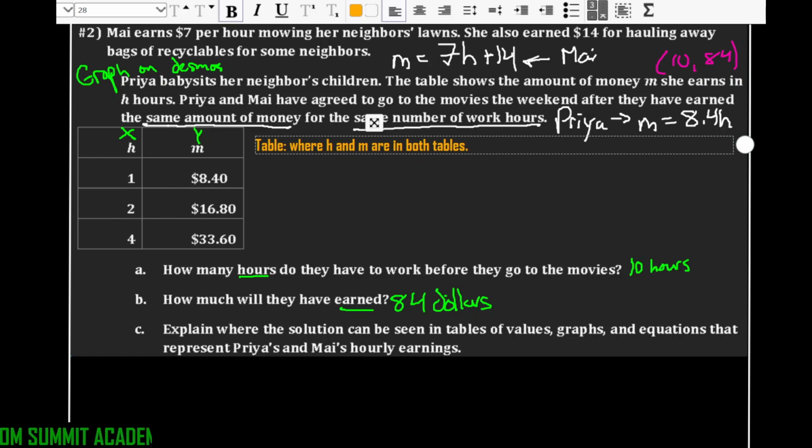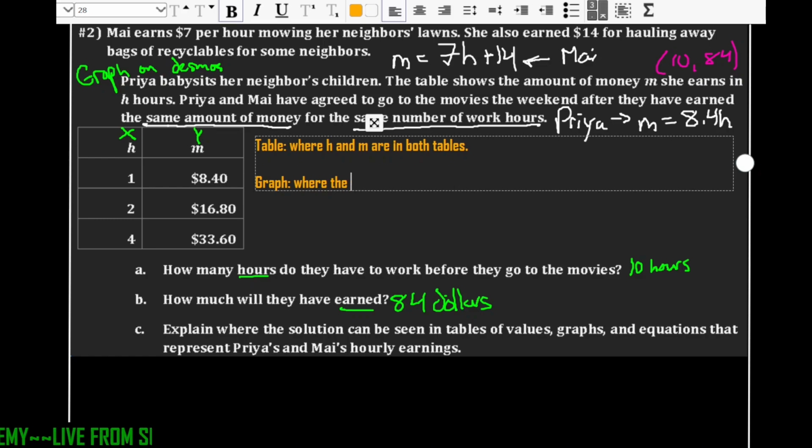When we're looking at the graph, it's where the two lines intersect, which we know as the point H comma M.